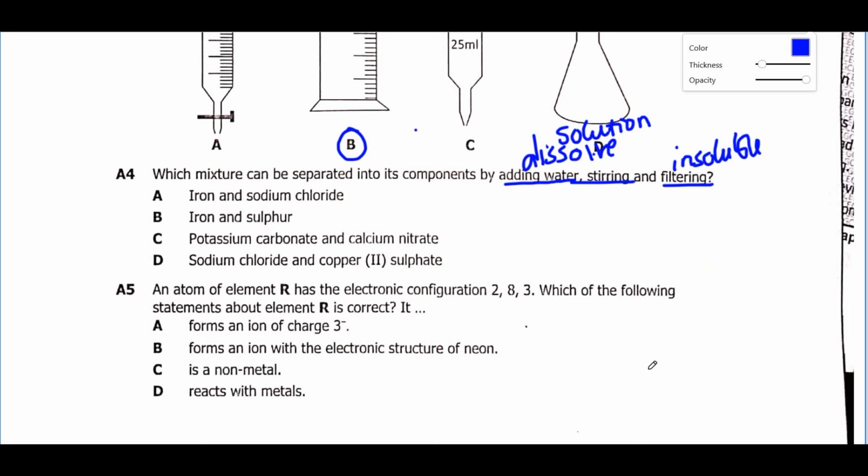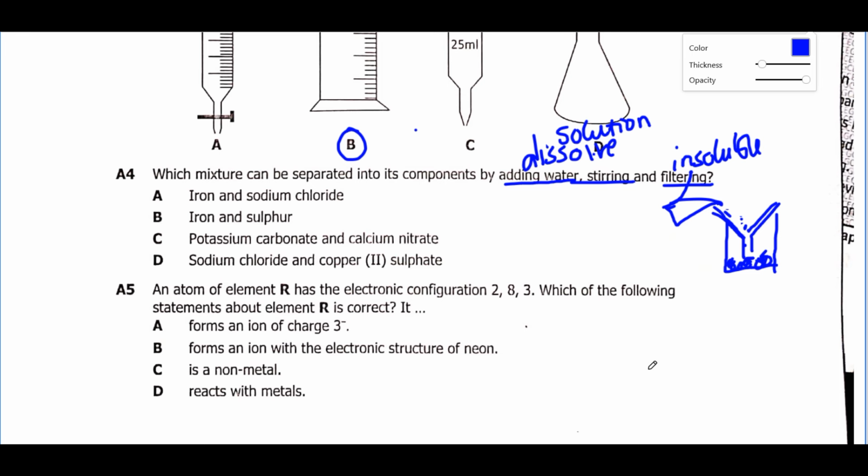For example, if we have this as our illustration, this is our funnel, then we have the filter paper. If we pour this mixture here, the soluble one, the one that dissolved, will pass through the filter paper and be collected as filtrate.